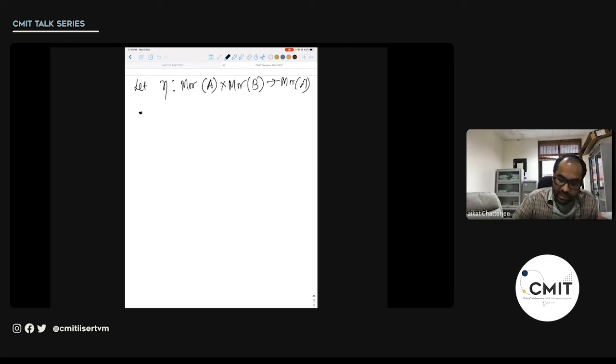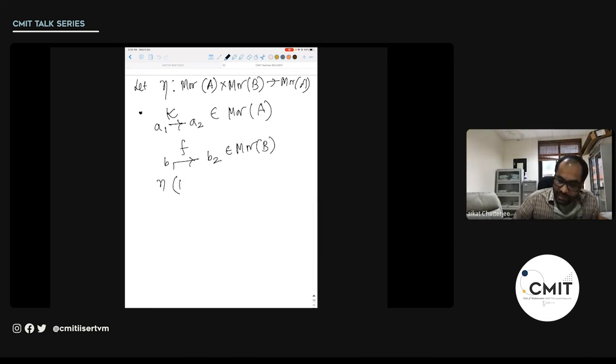So first of all, suppose K is an arrow from object A1 to A2, in morphism of A, and let's take F, which is from B1 to B2, which is in morphism of B.